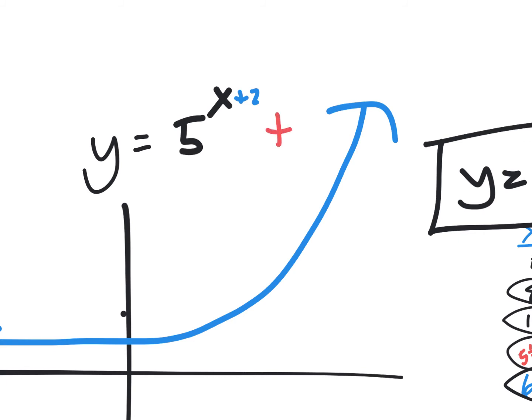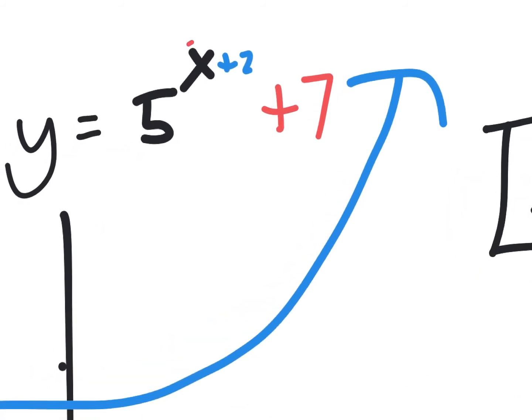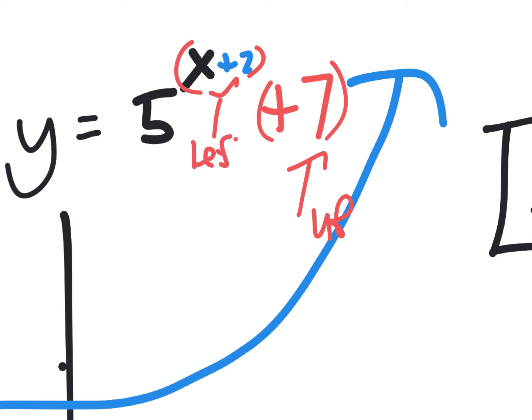What if I say plus 7 on the outside here? Then that's going to move where? Up 7. Do you get how this is different than this? And it's subtle. Both of them are on the right side of the function, but one of them's in the exponent and one of them's not. So this is up, and that one would be left.